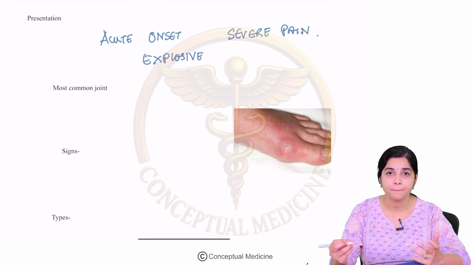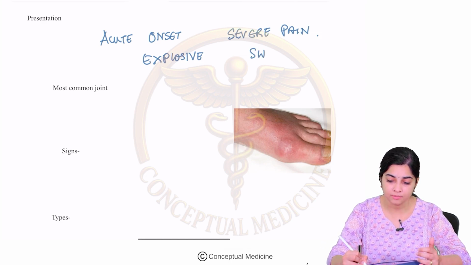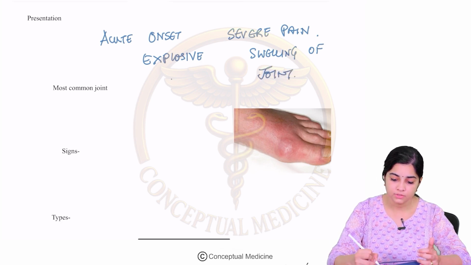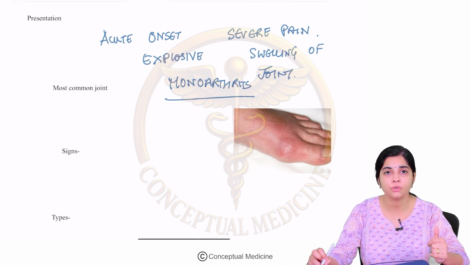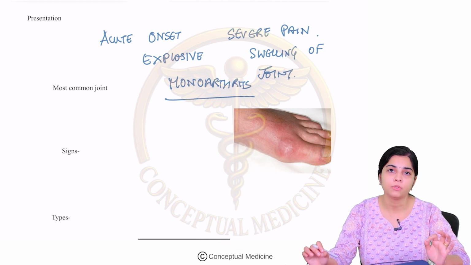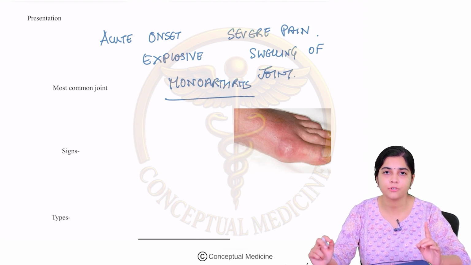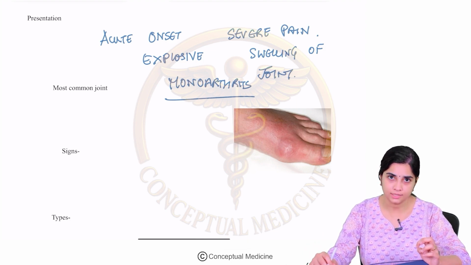Painful swelling of the joint. So this is a monoarthritis, and the most common presentation is a monoarthritis, acute onset, explosive, excruciatingly painful. Monoarthritis is the description for an acute gouty arthritis.